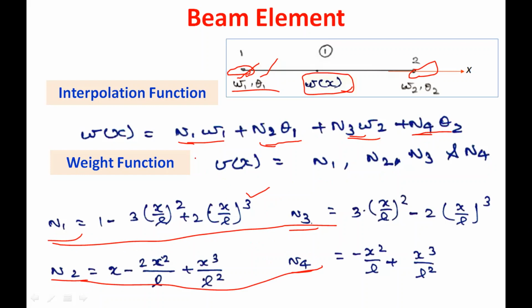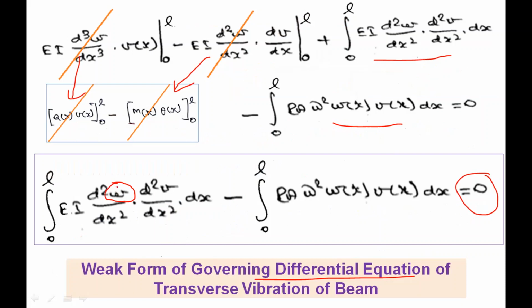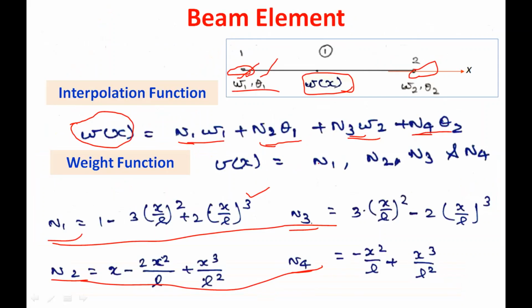slope. Now we are going to use this w of x, n1 w1 plus n2 theta 1 plus n3 w2 plus n4 theta 2 in this weak form, and v can be assumed either n1, n2, n3 or n4. So by that way we are able to derive the element characteristic equation.